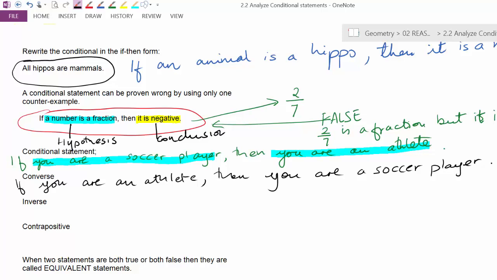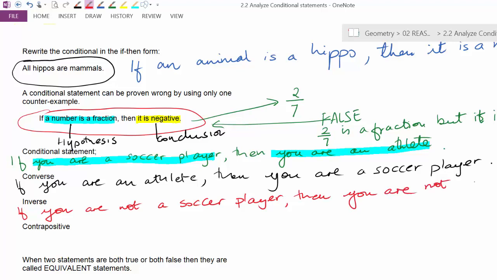The inverse is obtained by negating the hypothesis and conclusion in the original conditional. Negating means putting a not, so we say if you are not a soccer player, then you are not an athlete.